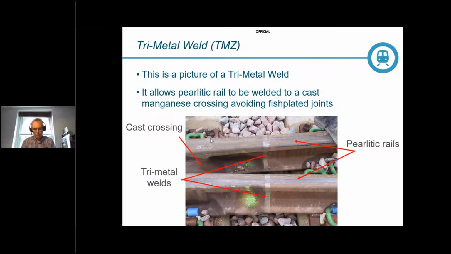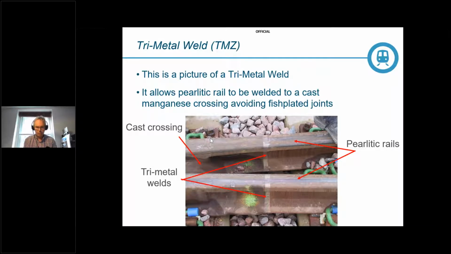For those of you who are not familiar with tri-metal welds, this is a picture of one. A tri-metal weld is a process invented by Manoir in France and allows a pearlitic rail to be welded to a cast austenitic manganese steel crossing without the inherent metallurgical problems that would be incurred if this was attempted directly. It is carried out by flashbutt welding a short section of stainless steel to the leg end of the crossing.